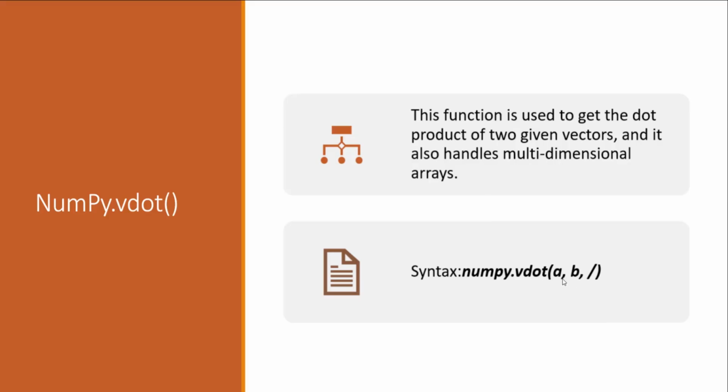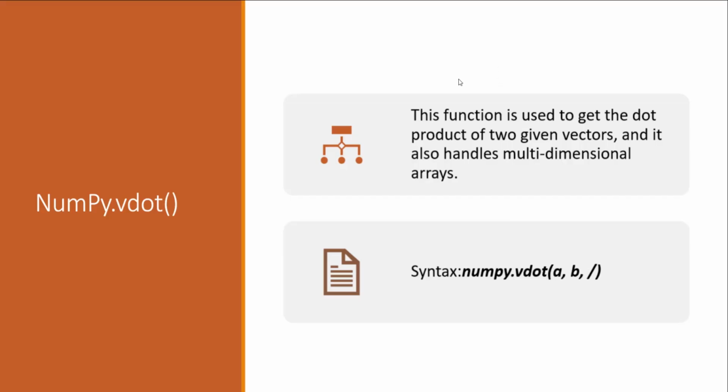The first one is a. This parameter indicates the vector a, and if it is complex in nature, then its conjugate is used for calculation. And the second parameter is b, and it is similar to vector a. So this method returns the dot product of the input vectors, and the output can be of complex, float, or integer type.